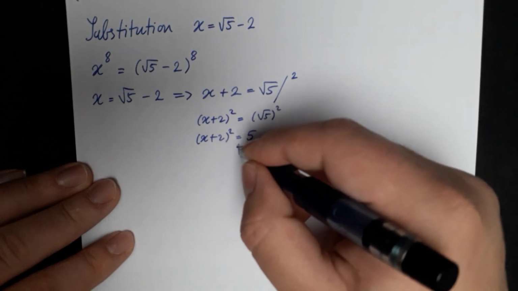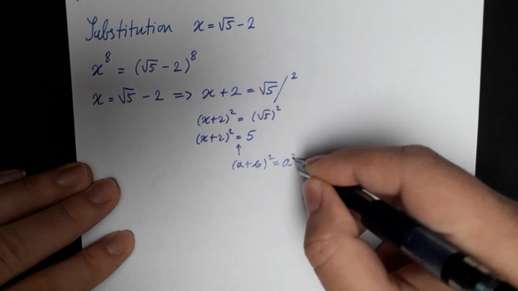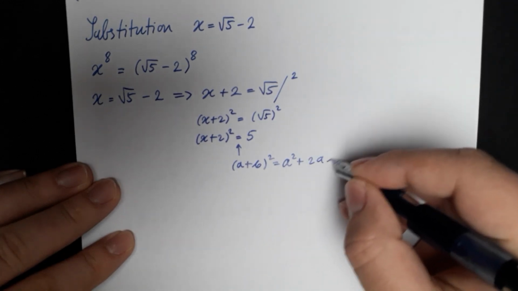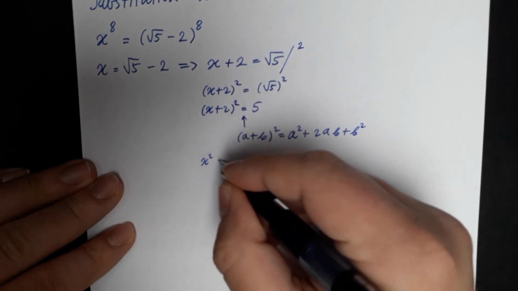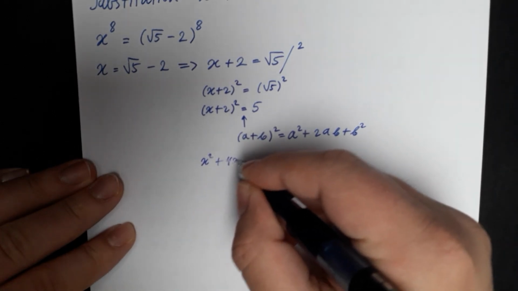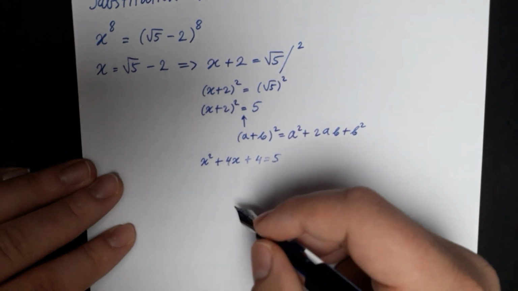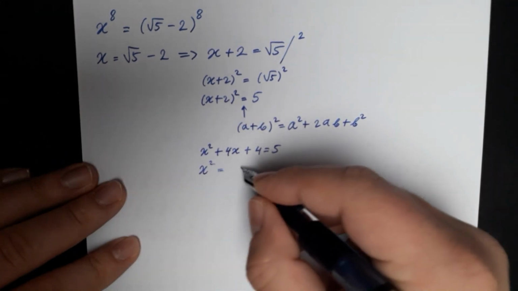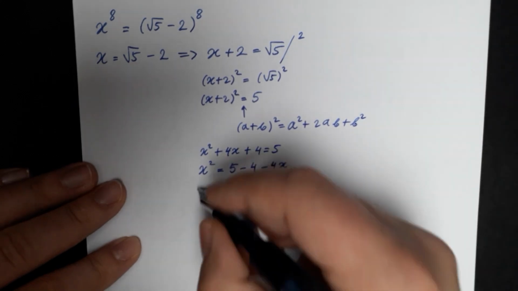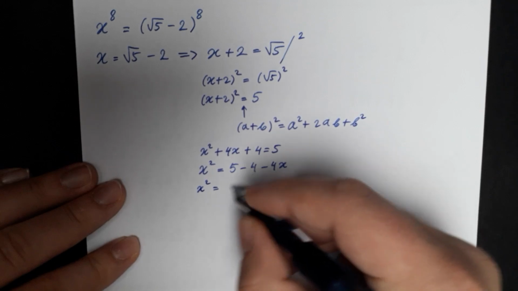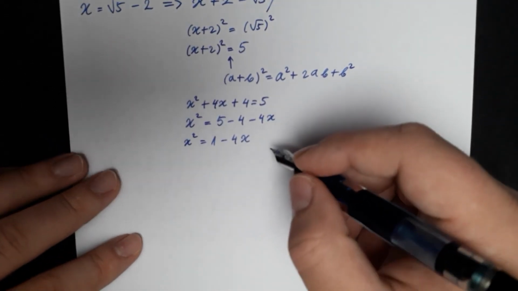At this point, I am going to use that a plus b squared is equal to a squared plus 2ab plus b squared, and I get that x squared plus 4x plus 4 is equal to 5. So x squared is then equal to 5 minus 4x, which means that x squared is equal to 1 minus 4x.